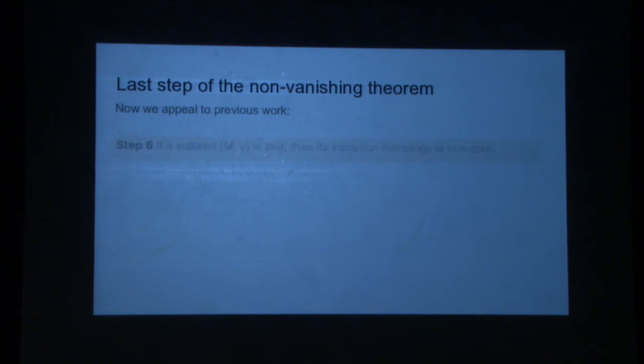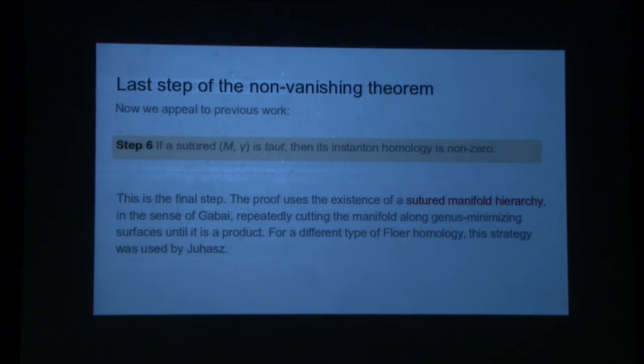The last step in this is the previous work that Tom and I did, which shows that if a sutured manifold is taut, then its instanton homology is non-zero. This was a theorem that was modeled on an earlier theorem by Andras Juhasz for Heegaard Floer homology. And in both cases, the proof is the same. It depends on Gabai's sutured manifold hierarchies.